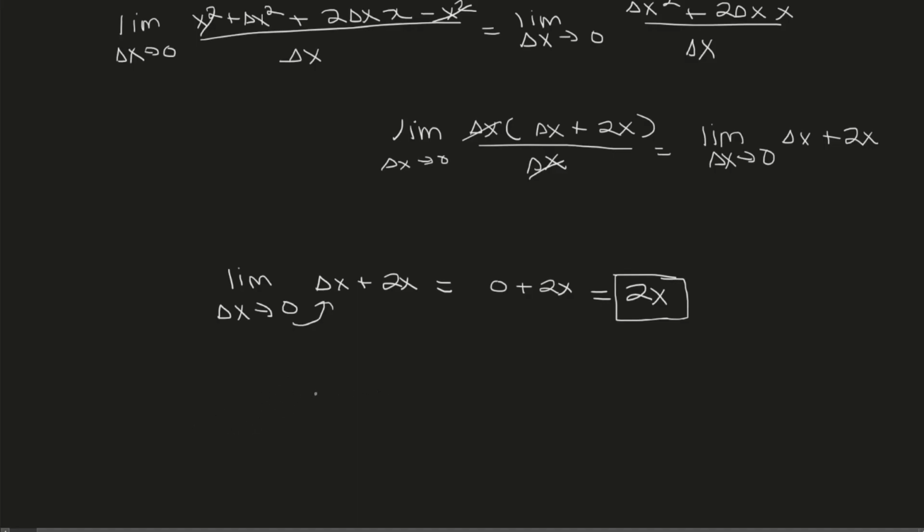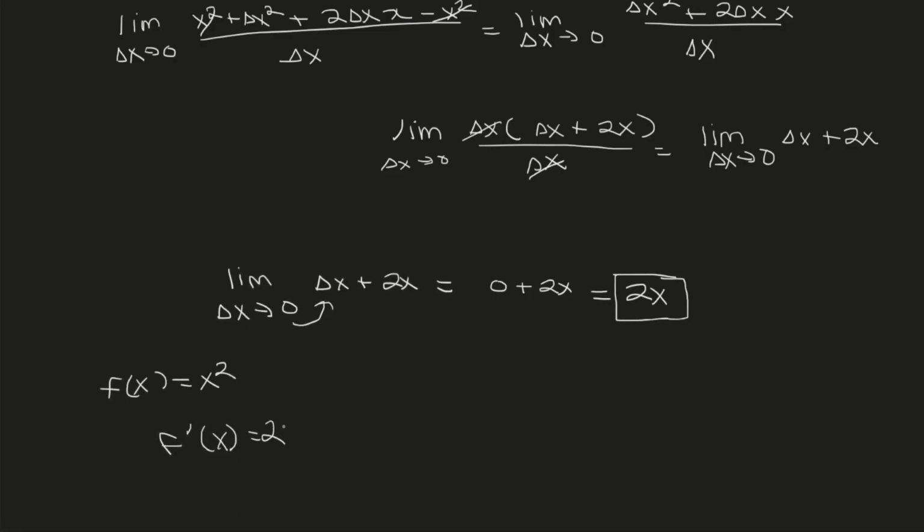And there are two forms of notation for writing this. Since we know that f of x equals x squared, we can say that f prime of x, signified by that apostrophe up top, equals 2x, or we can say dy over dx, where d means delta, and delta means change.